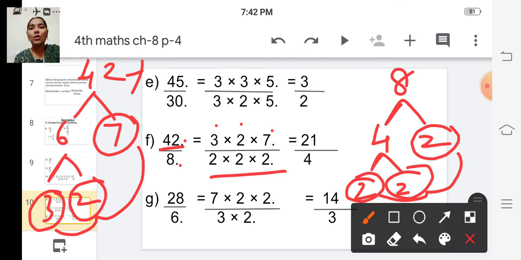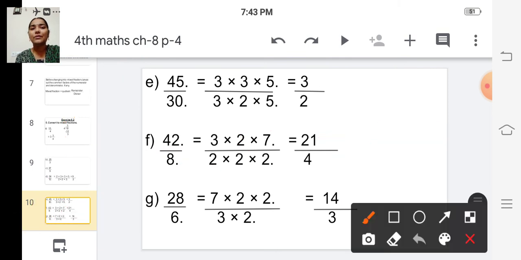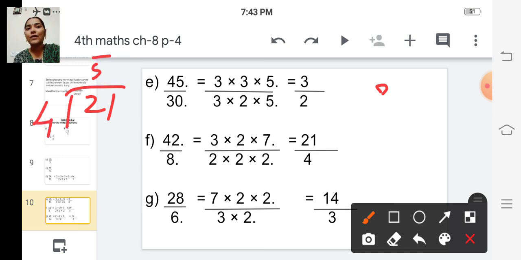Okay. So now we'll cancel out the common factors. Here 1 2 is there, and here 1 2 is there. So the remaining is 3 into 7. 3 7s are 21 and 2 2s are 4. Now we shall divide this 21 by 4. How many times? 5 times. 4 5s are 20.